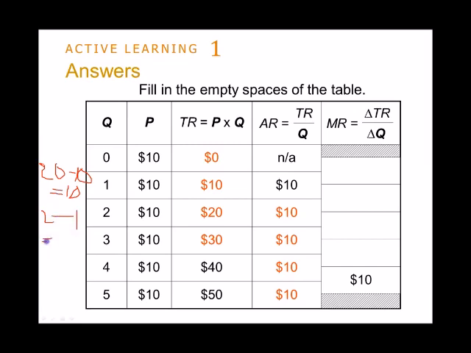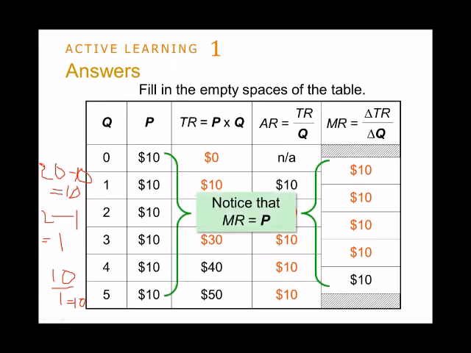So our marginal revenue is 10 divided by 1, which is just 10. If we do it for every one of them, we find that the marginal revenue is also 10 for every unit. So if I sell one extra unit, since the price doesn't change, the extra unit brings in an amount equal to the price. So these are the characteristics of perfectly competitive firms.